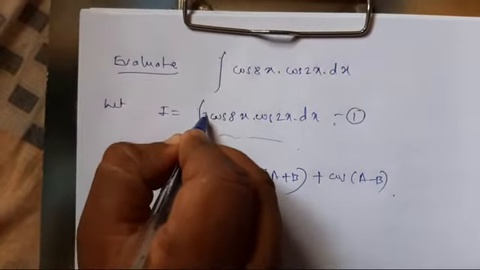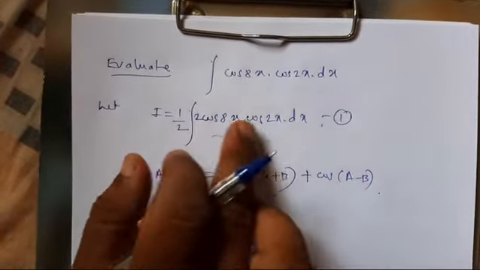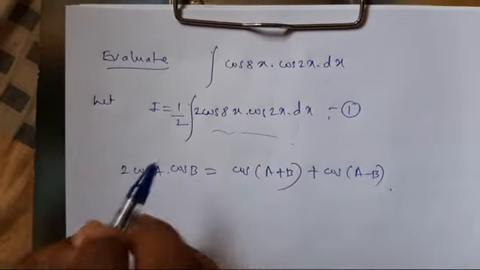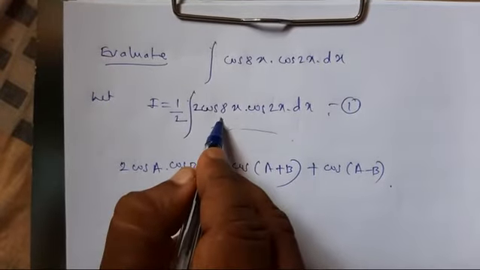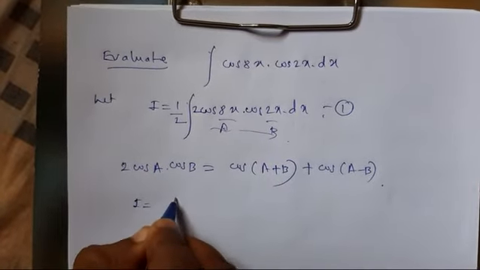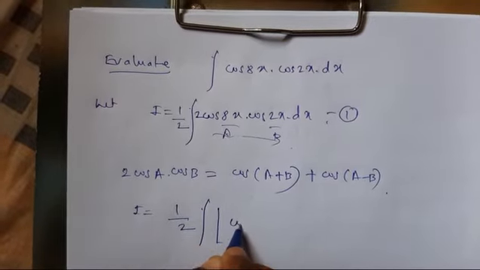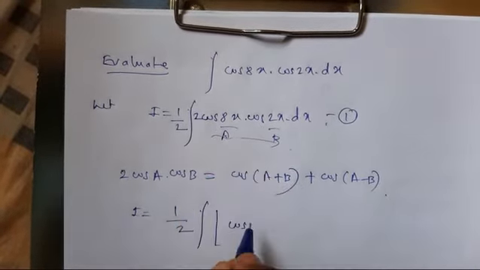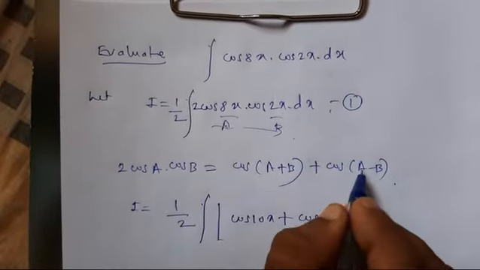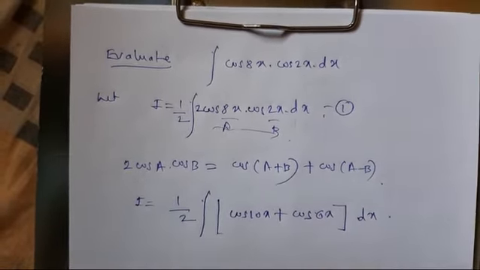For that, I will multiply by 2 and divide by 2. Now I will use this formula. If I compare, this becomes A and this becomes B. Therefore I is equal to 1 upon 2 integration of cos(A plus B), that is 8x plus 2x, 10x, plus cos(A minus B), that is 6x, into dx.